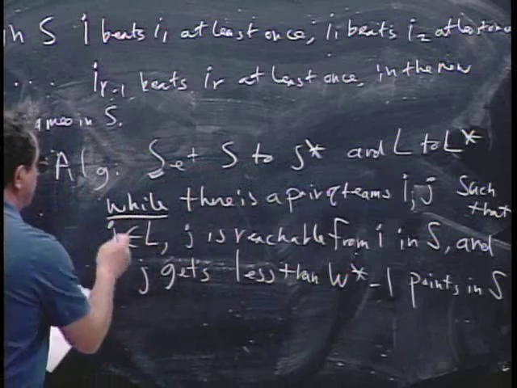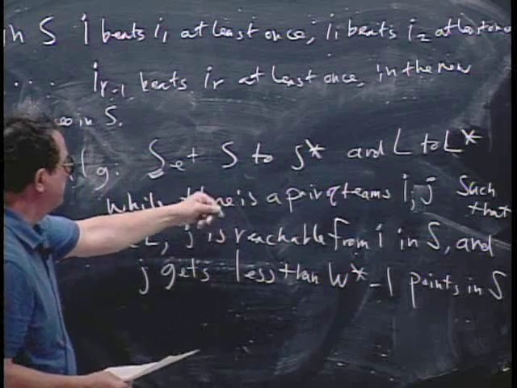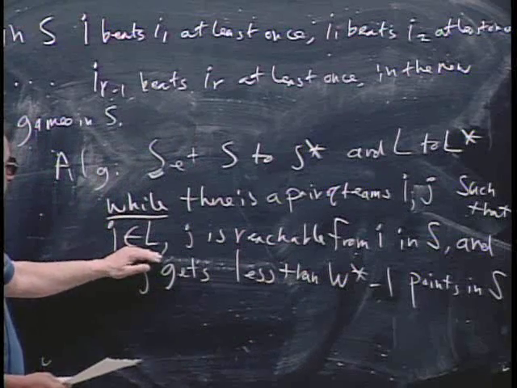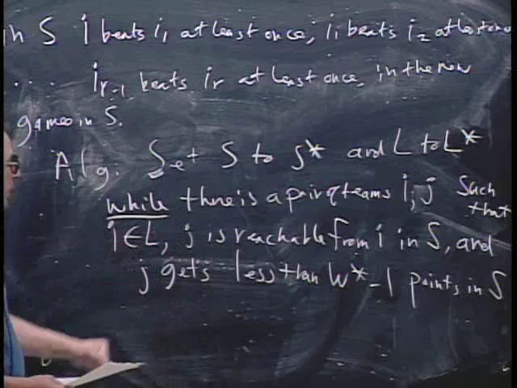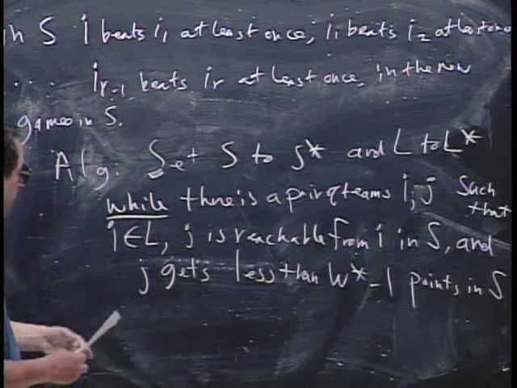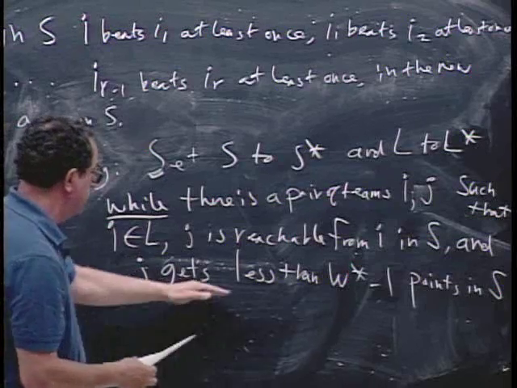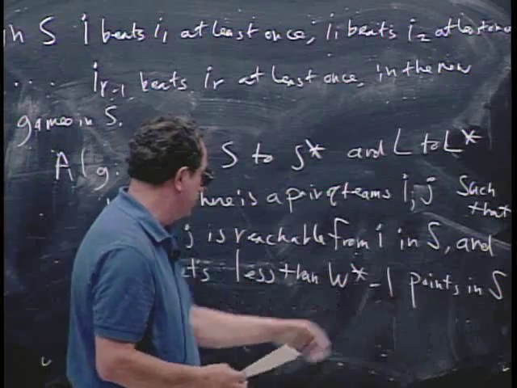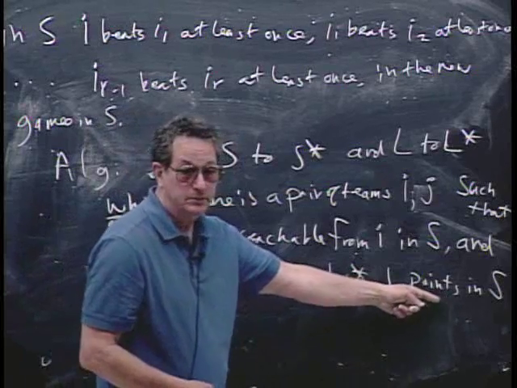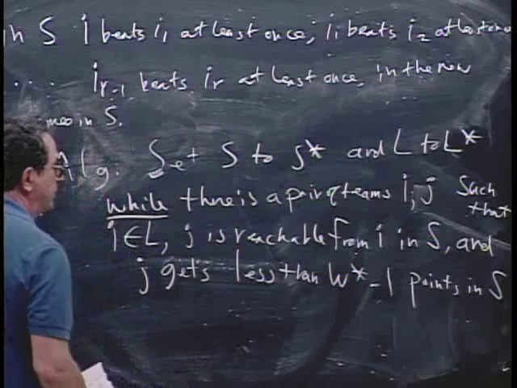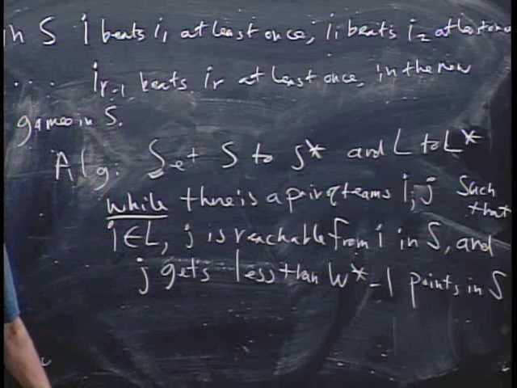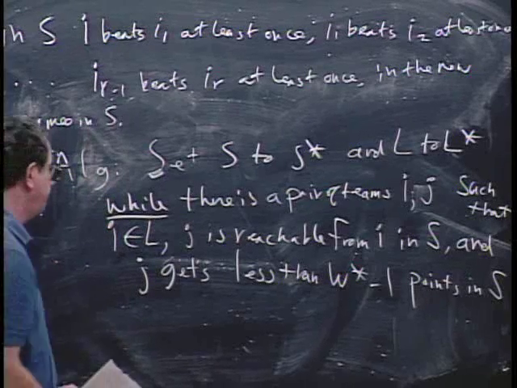But then, if we can find a pair of teams, I and J, such that I is already in set L, and J is reachable from I, according to this definition of reachability, but J gets strictly less than W star minus 1 points under scenario S, then we're going to start changing some of the win-loss outcomes of games.